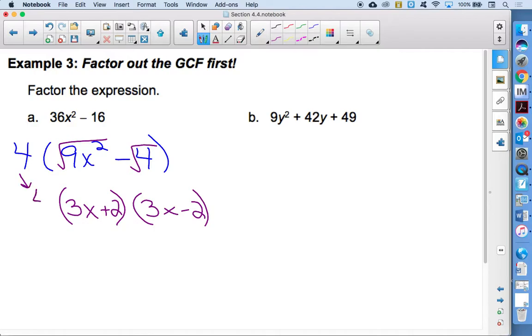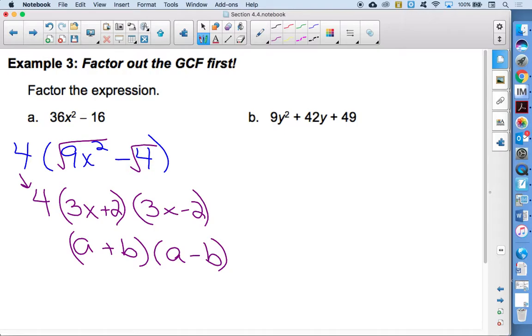Don't forget to bring that GCF down and write it in the front. So this is that A plus B, A minus B pattern. It's still the same pattern, but now there's a number in front of x squared. So take the square root of the first number, and take the square root of the second number.